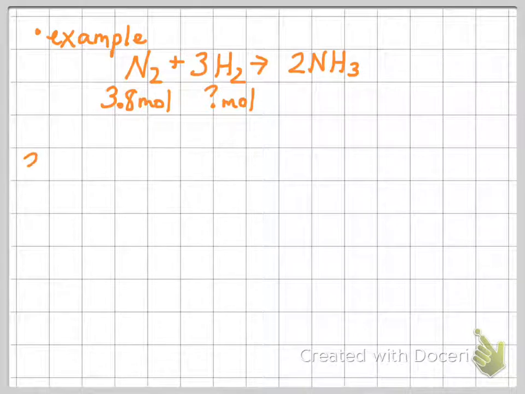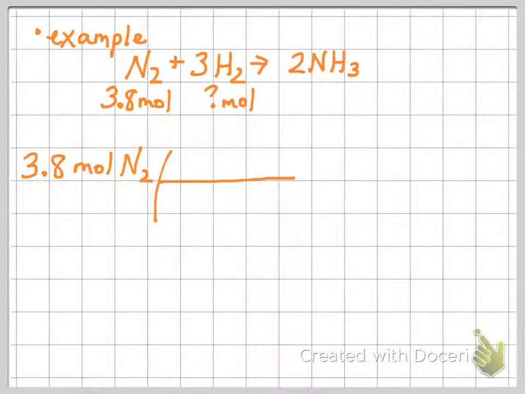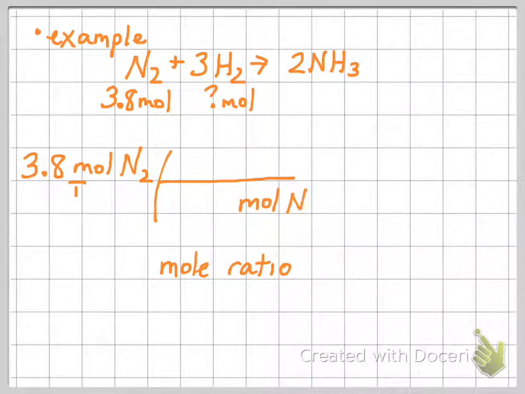So my given in this case is 3.8 moles of nitrogen. Now, notice I'm going from one substance to another, and my only way to change from one substance to another is with a mole ratio. So the tool I'm going to use here is going to be a mole ratio. Now, moles of nitrogen, remember if I have to, you can write it over 1, but moles of nitrogen's in the numerator, so moles of nitrogen have to go in the denominator.